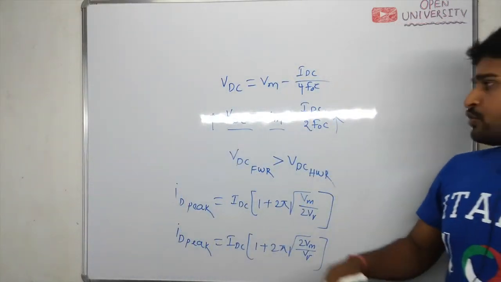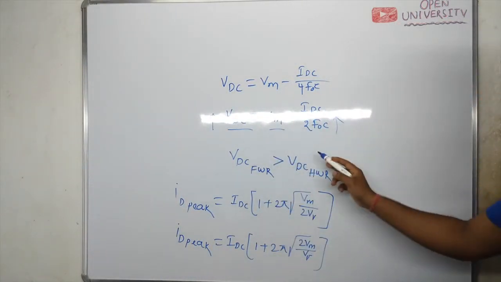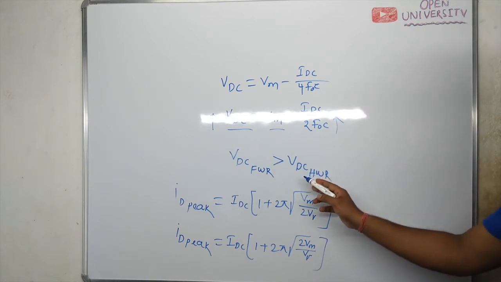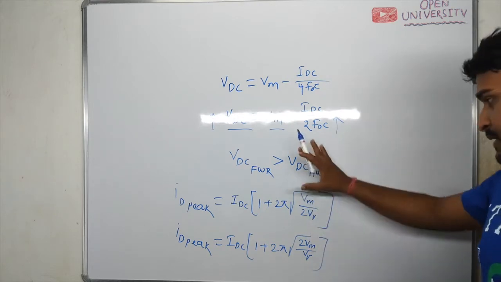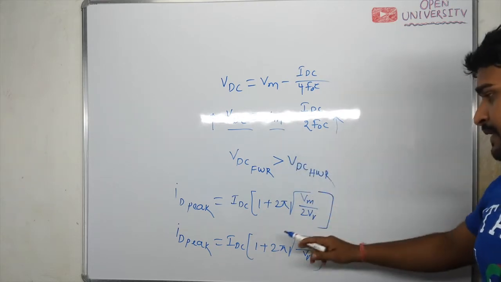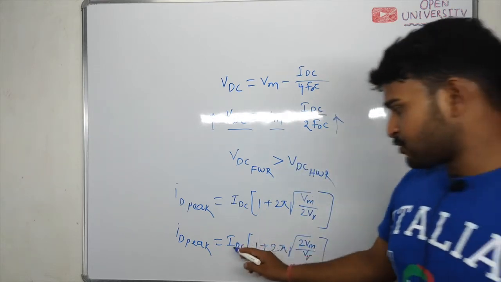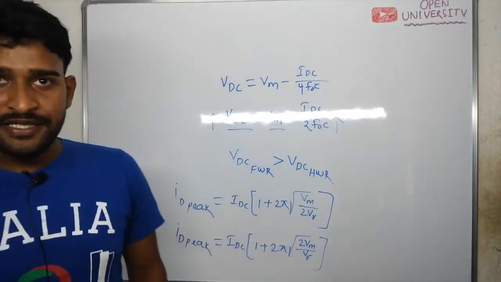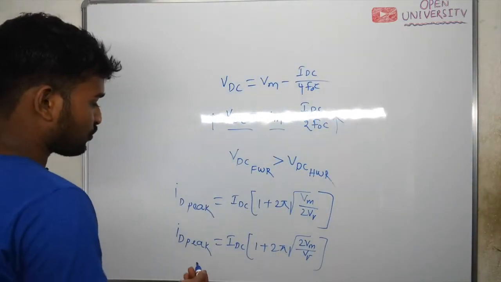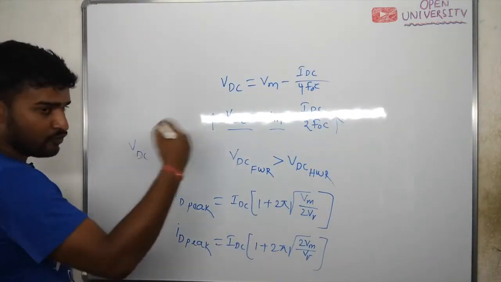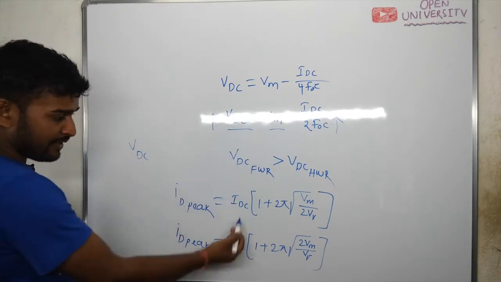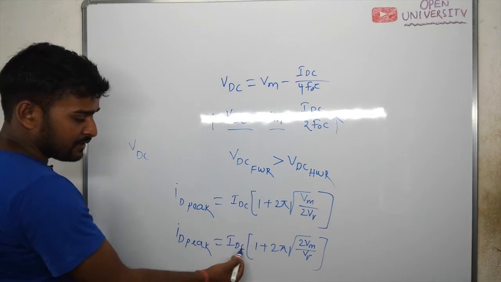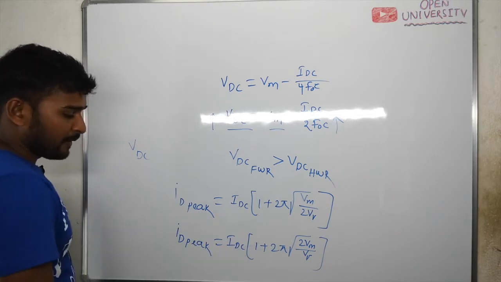In the half wave rectifier, the DC voltage is less compared to the full wave rectifier with capacitor filter. If DC voltage is less, then IDC will be less, because VDC equals IDC into RL. So IDC will also be less compared to the full wave rectifier.